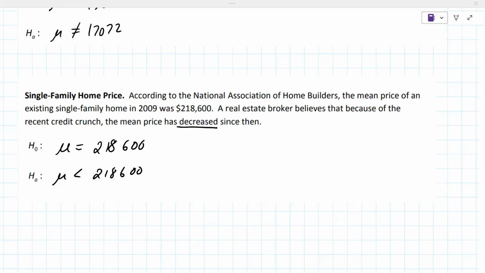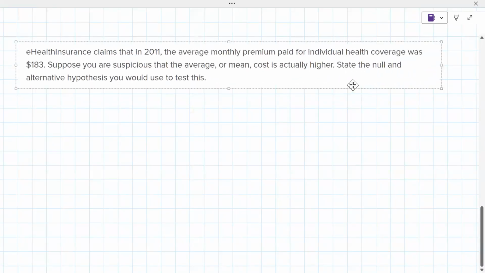All right, so this is kind of the way I think a problem might be presented in your classroom. It's not as direct as saying it's increased, it's decreased. So take a look at that and see if you can write the null and alternative hypothesis, please. Okay, got it. 2011 average was 183.